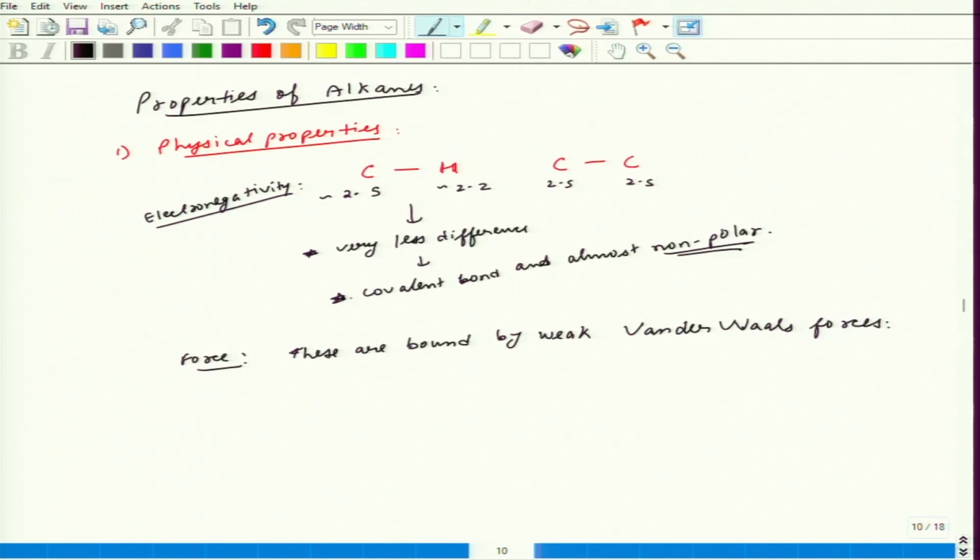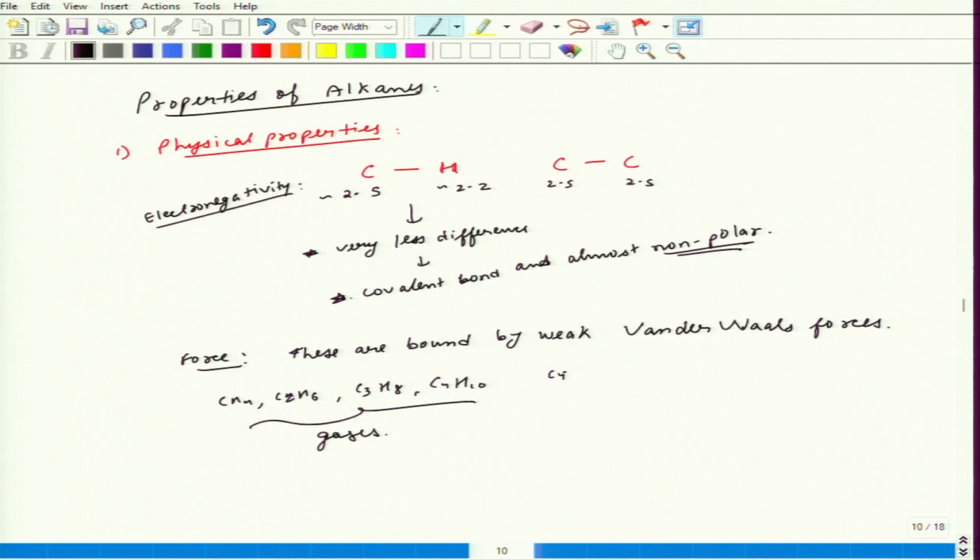Due to this, what happens? The starting members, carbon 1 being methane, then ethane C2H6, C3H8, C4H10 up to butane, are gases.